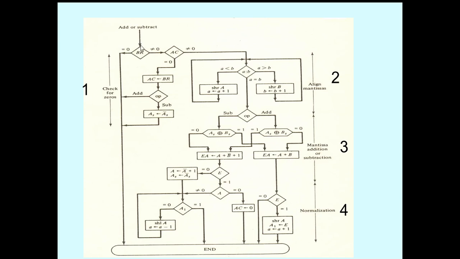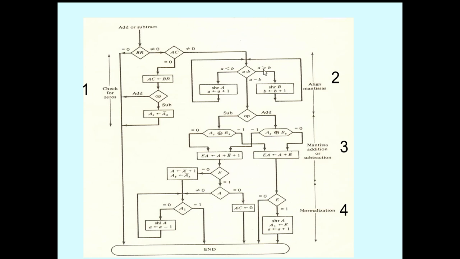So once you check the zeros, then we have to do the alignment of the mantissas. Alignment means the exponents should be equal, so then only we can do either addition or subtraction. According to that, if a is less than b, we have to shift right the mantissa of a, and by that the exponent value can be increased by 1. Then once again we have to check the exponents.